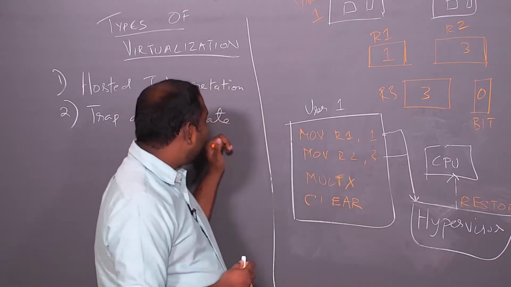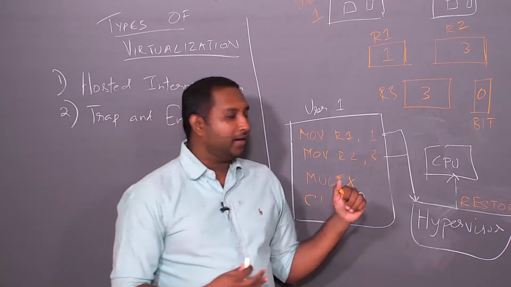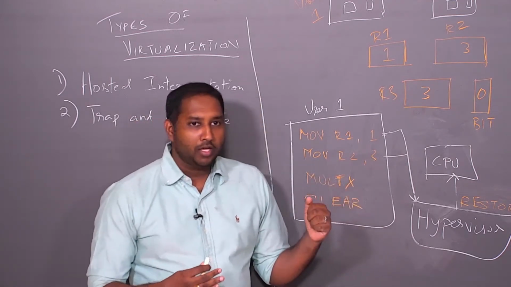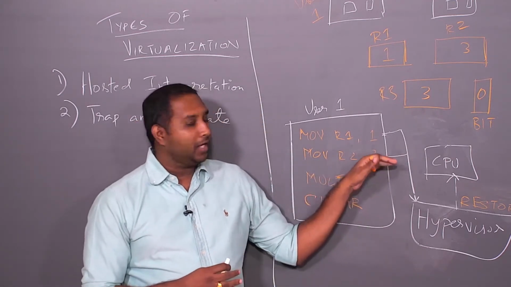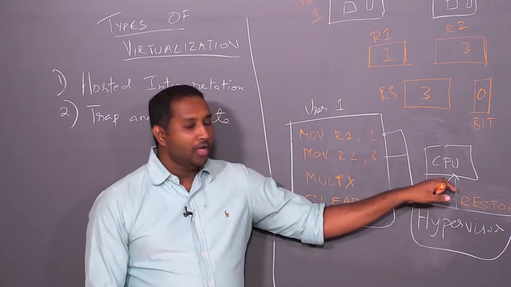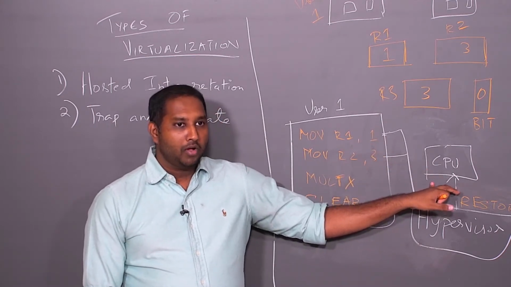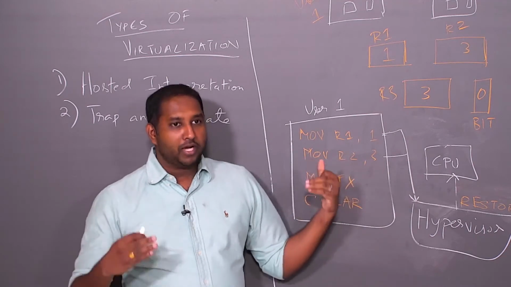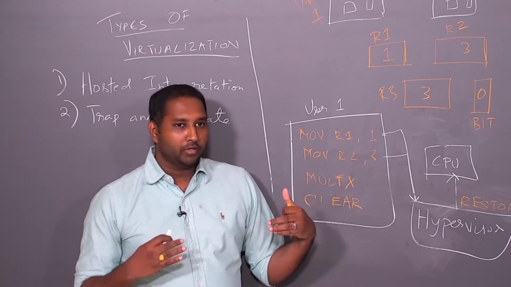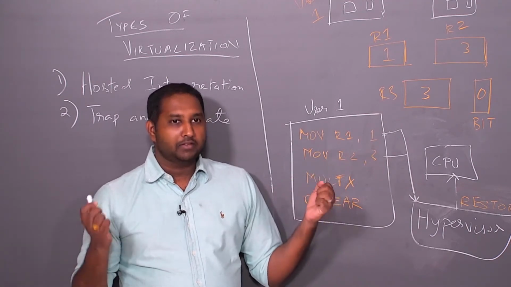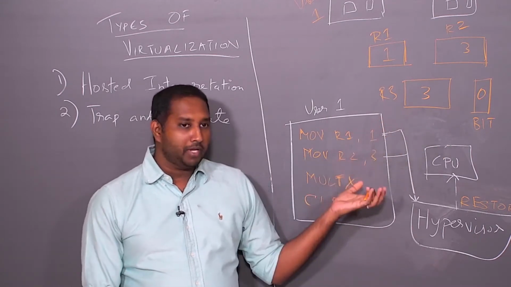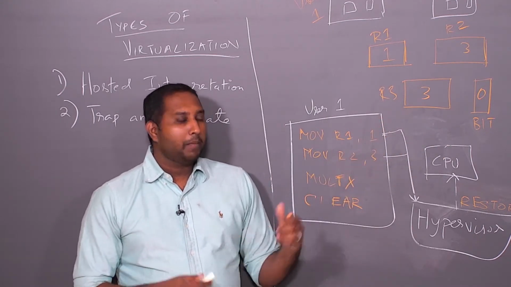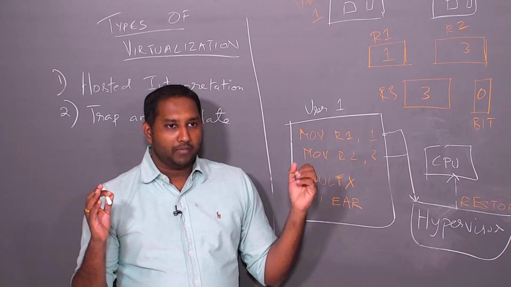So trap and emulate takes advantage of the fact that for most instructions, you don't actually have to do anything and you can allow them to run on top of the CPU. All you really need to do is, before you start executing the user program, set up the conditions correctly. So you have to restore stuff from memory as required. But after that, you can basically let it run, right?